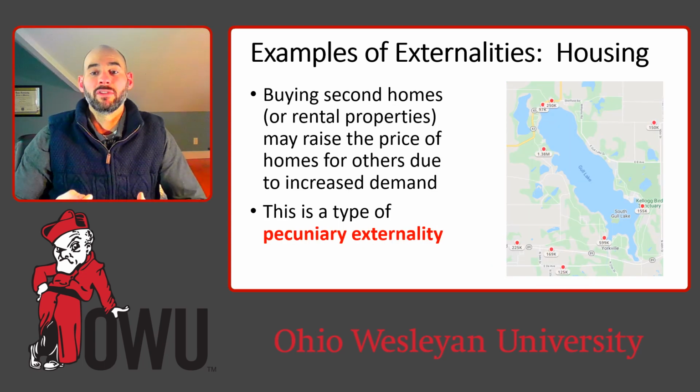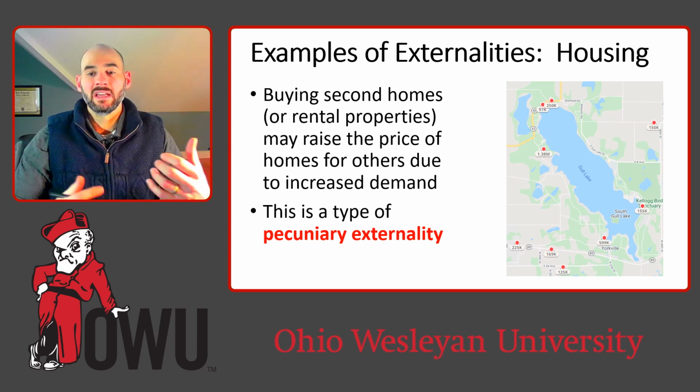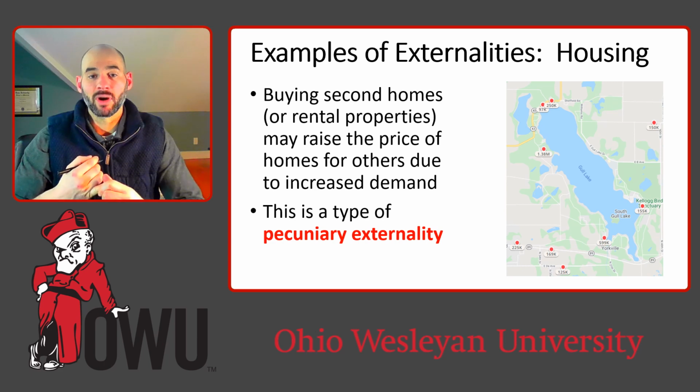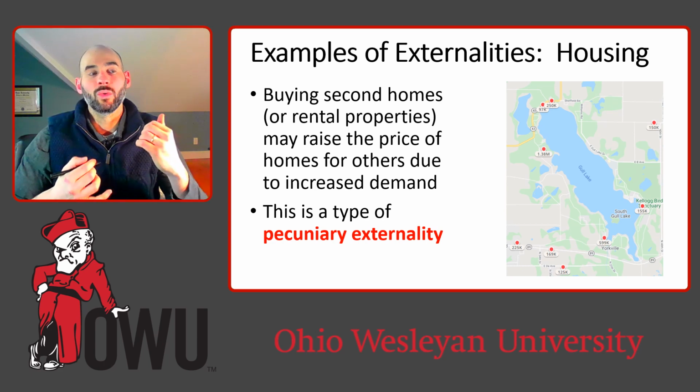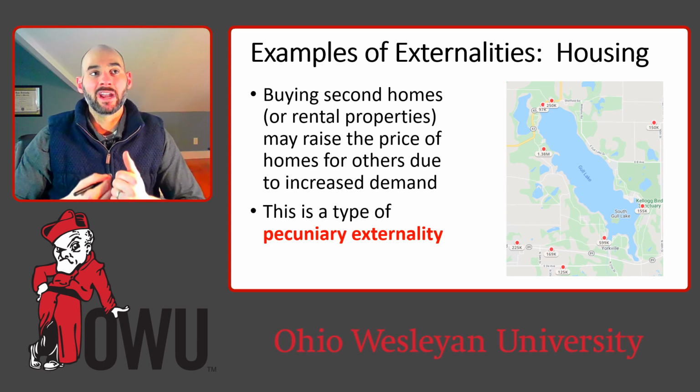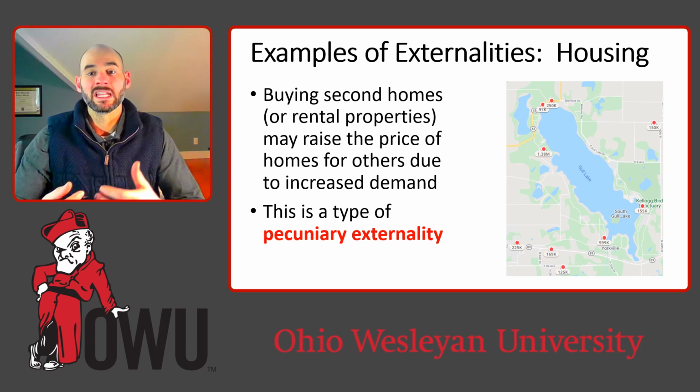So the best example of a pecuniary externality is with regard to housing. And you want to think of a pecuniary externality as not having a missing market, such as we saw with acid rain as a byproduct of fossil fuel power generation, or antibiotic resistance coming from mismanaged antibiotic use, or herd immunity coming from vaccine use.